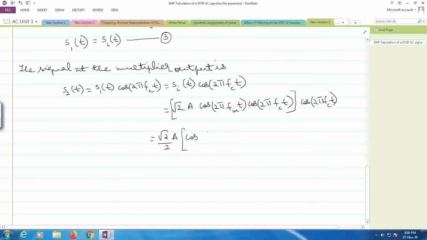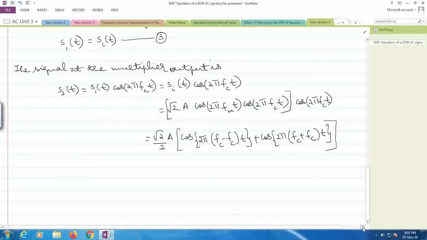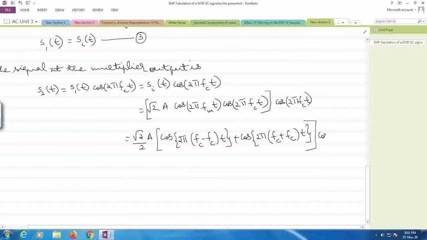cos of 2π(fc minus fc)t plus cos of 2π(fc plus fc)t whole multiplied by cos 2πfmt.